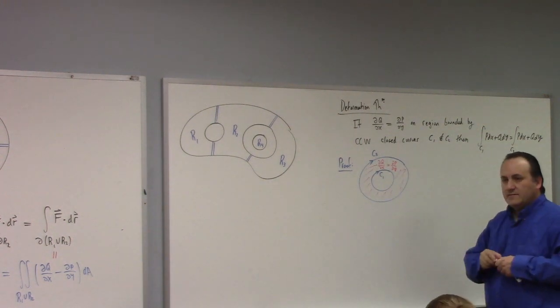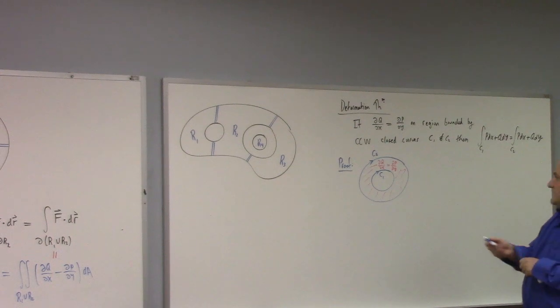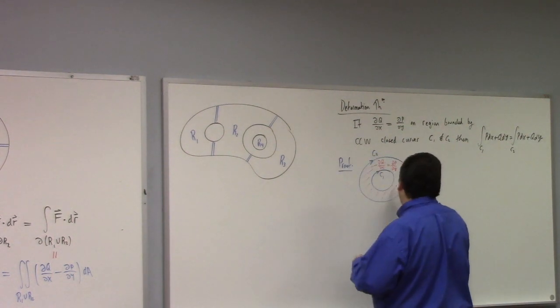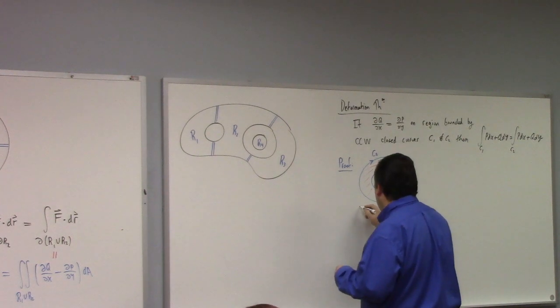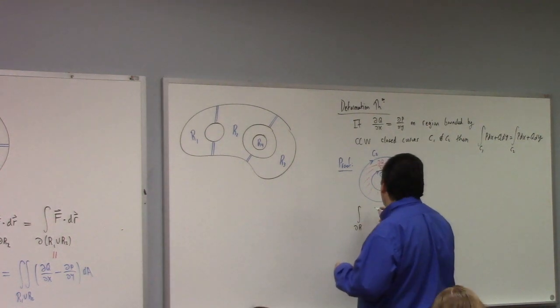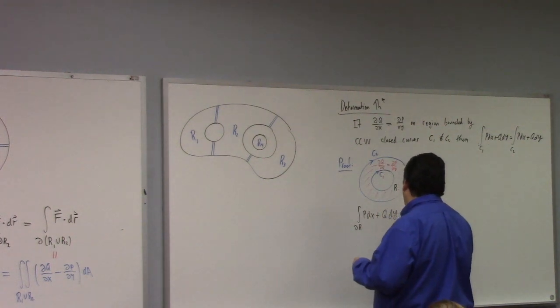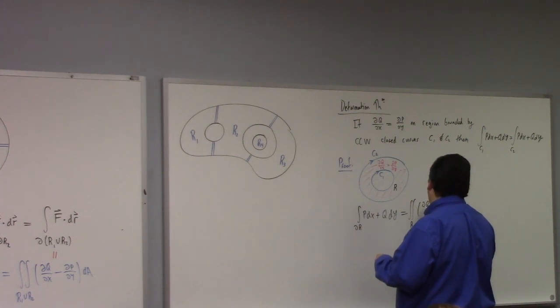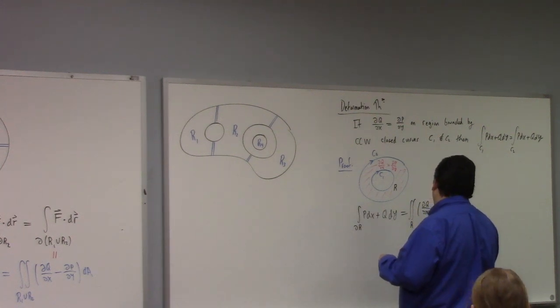So what can we do? We can apply Green's theorem. I'm going to call that region R. And we have that the integral over the boundary of R of p dx plus q dy is equal to the integral over R of partial q partial x minus partial p partial y.